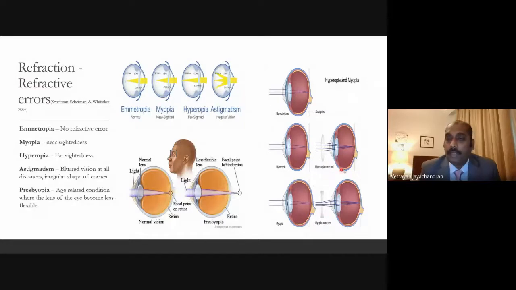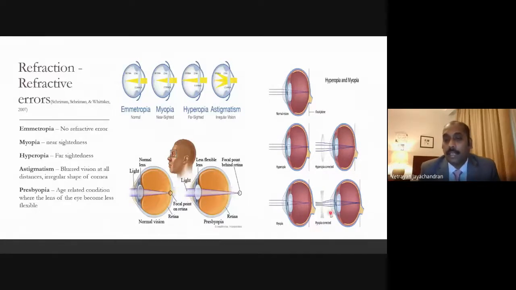Here I will give you some information about how to correct hyperopia. In hyperopia, you know that the image falls behind the retina. So we need to bring the images back onto the retina. Usually we use a convex lens, because a convex lens gives more convergence, so it will bring the images back onto the retina.